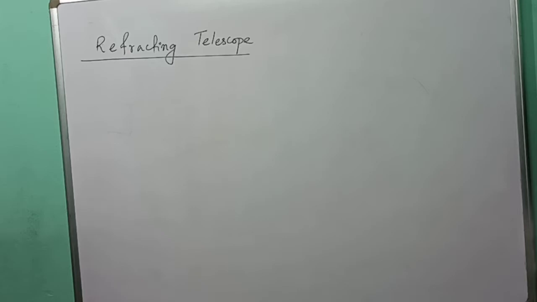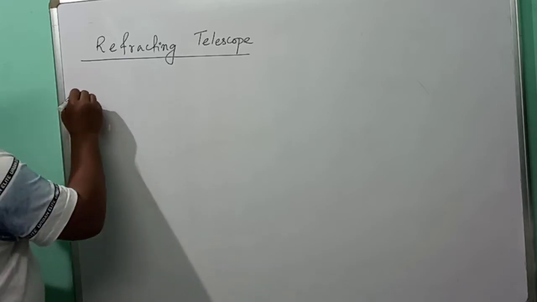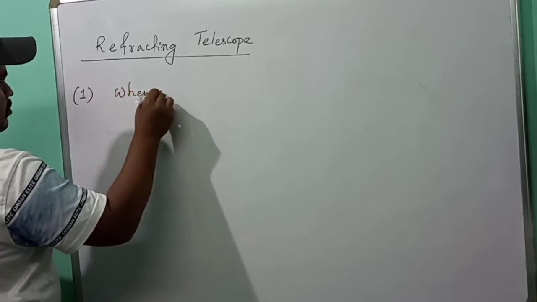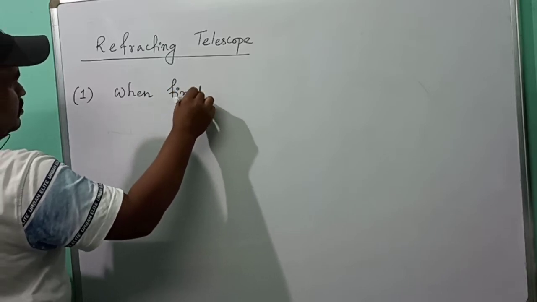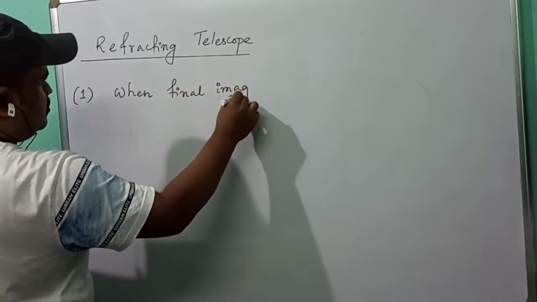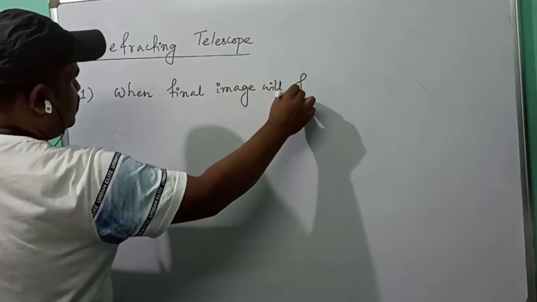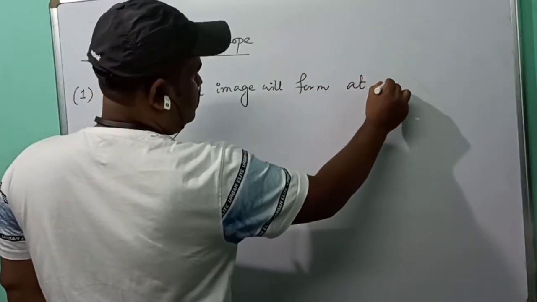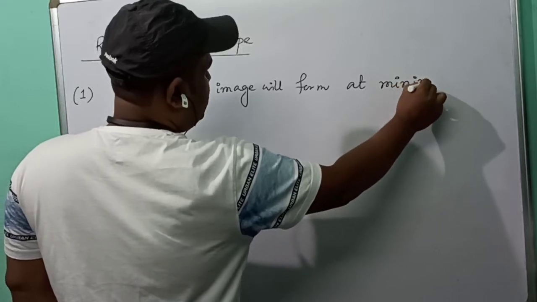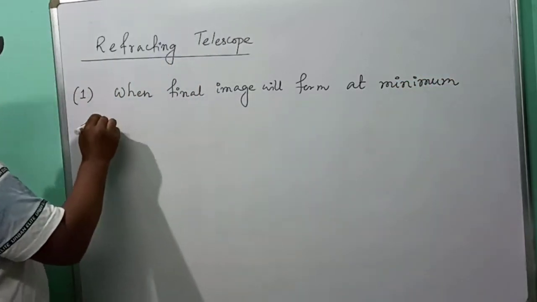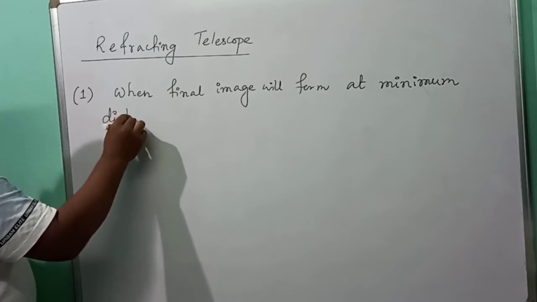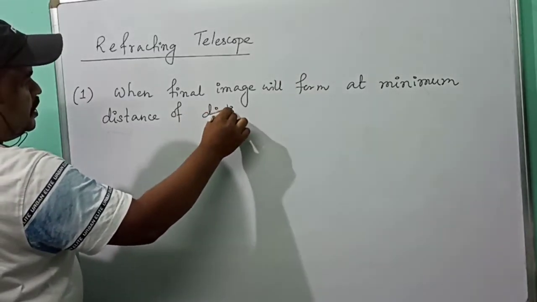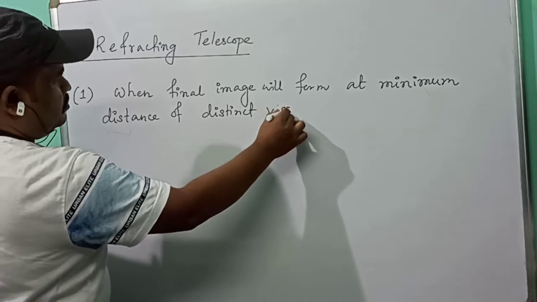First we will consider when the final image will form at the minimum distance of distinct vision.